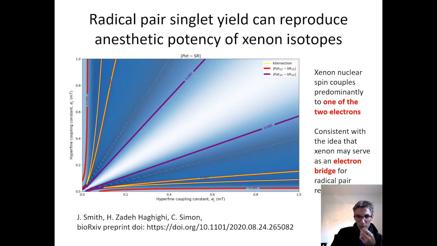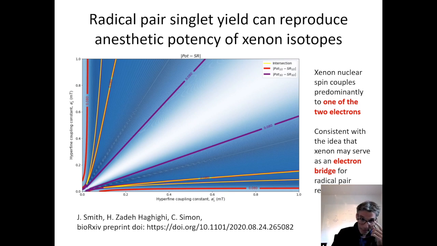Here is an example of our findings. So here one can see the potency, so a comparison between our prediction for what's called the singlet yield from this radical pair, so the reaction probability, compared to the measured anesthetic potency, and we want this difference to be small.